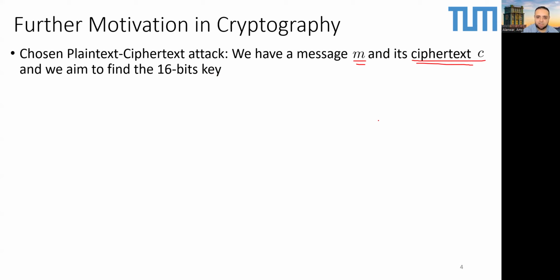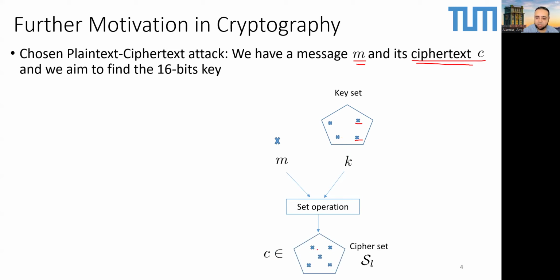The traditional exhaustive search is to try key by key until you find the value that encrypts the message to the encrypted message or the ciphertext.